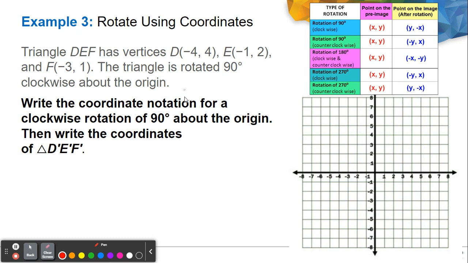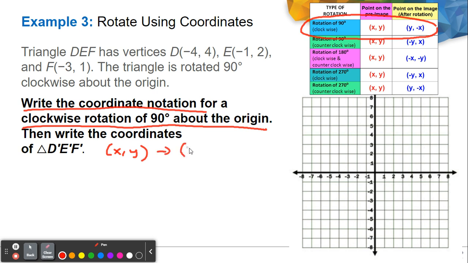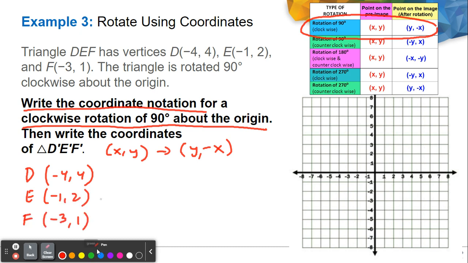The coordinate notation for clockwise rotation of 90 degrees about the origin will be this one. Following x, y, we have y and negative x. For our pre-image, D is negative 4, 4, E is negative 1, 2, and F is negative 3, 1.